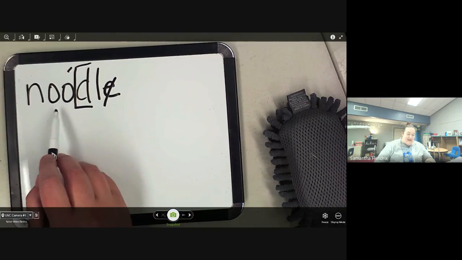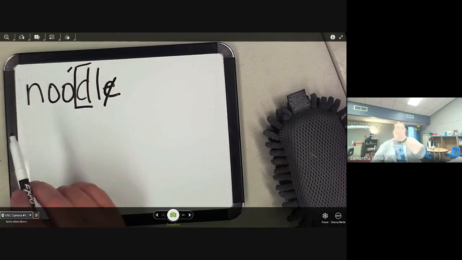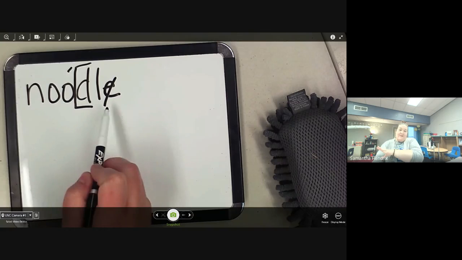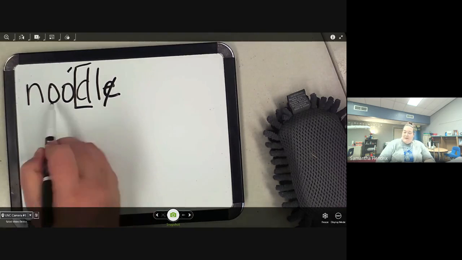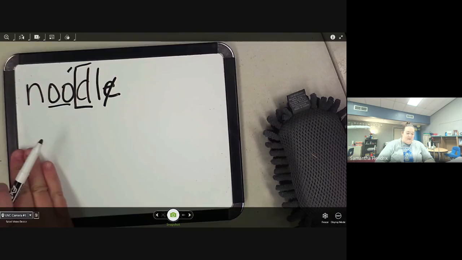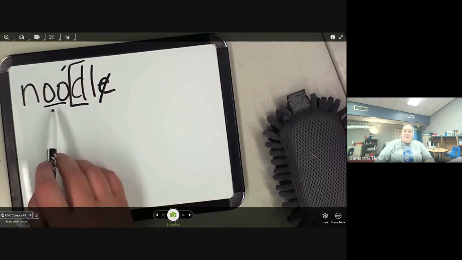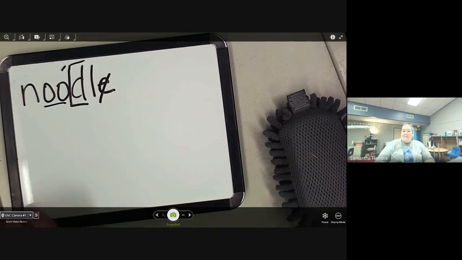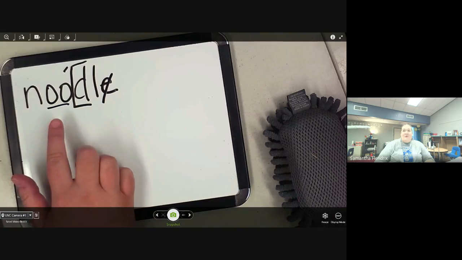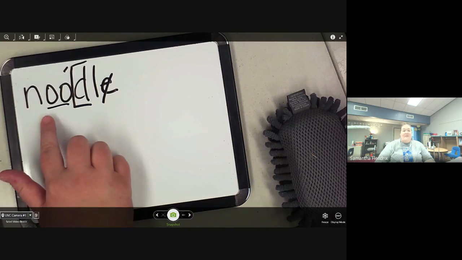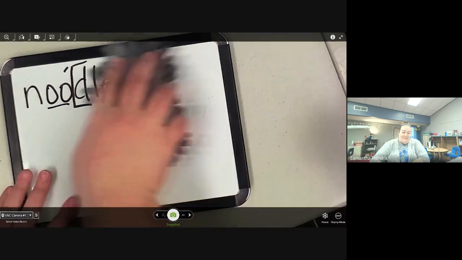So when we see digraphs or combinations in the syllable before our final stable syllable, we code it just like normal, okay? So, noodle, noodle. Now remember, double O can say noodle or book or moon. So, noodle, noodle. We don't know that word, but we know noodle, okay? Remember, double O is just one of those you have to try both.